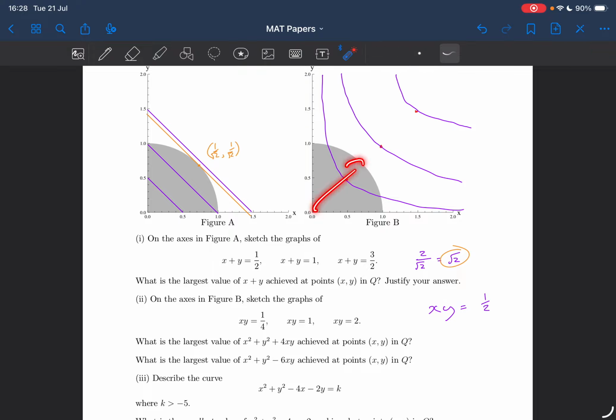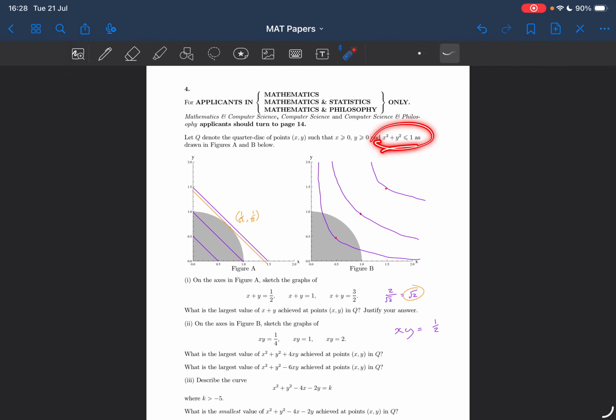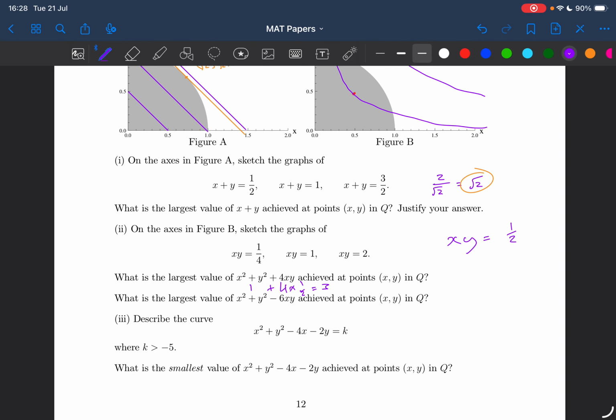So that's the biggest one we could possibly get there. The disk itself is all the points where x squared plus y squared is less than or equal to 1. So the biggest that can be is 1, and the biggest xy can be is a half. So we're going to have 1 plus 4 times a half, so 3.